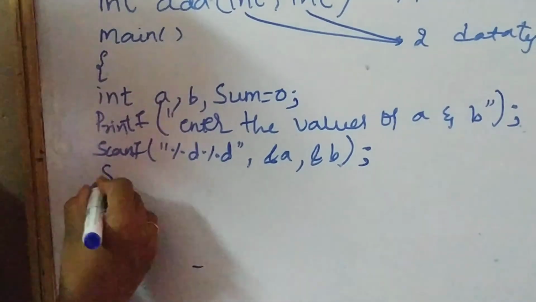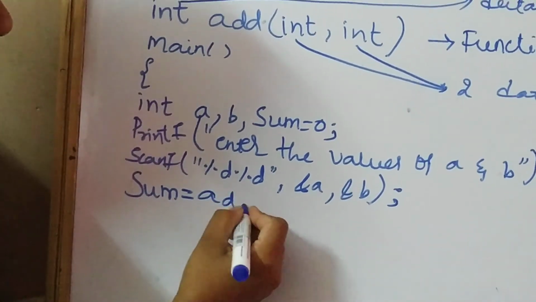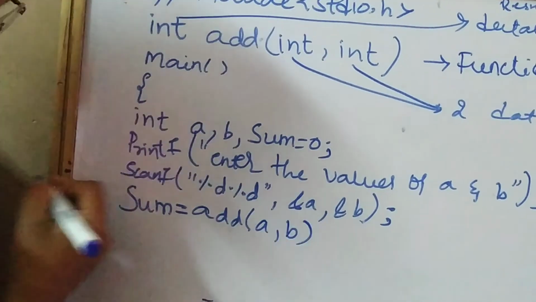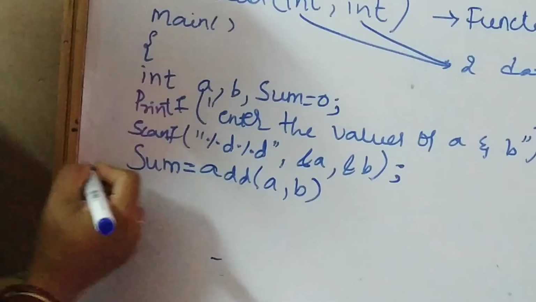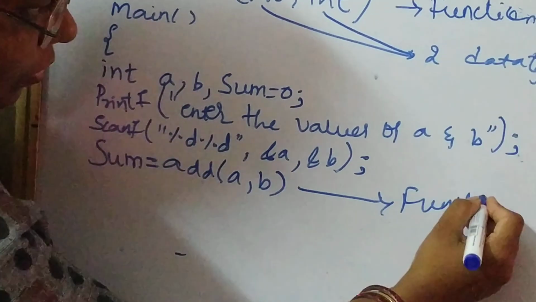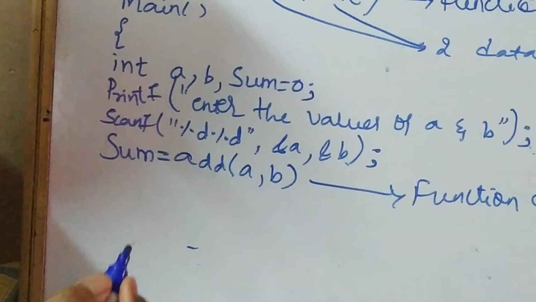So now sum is equal to add of a, comma, b, and this is nothing but a function call.